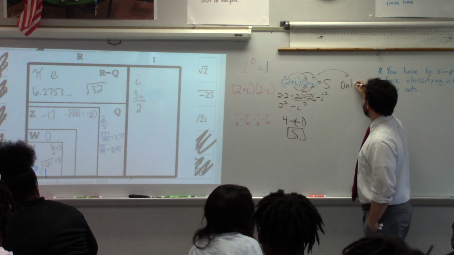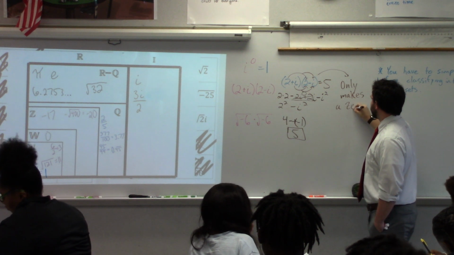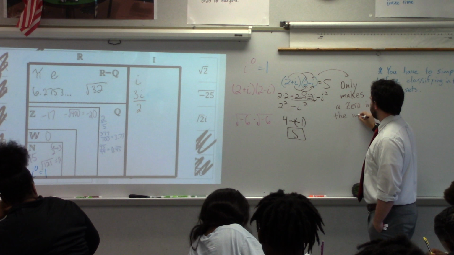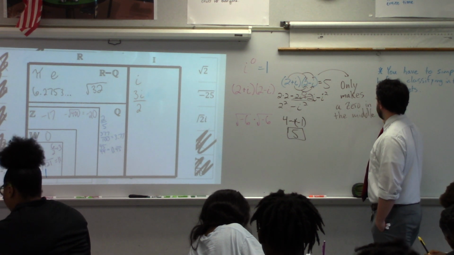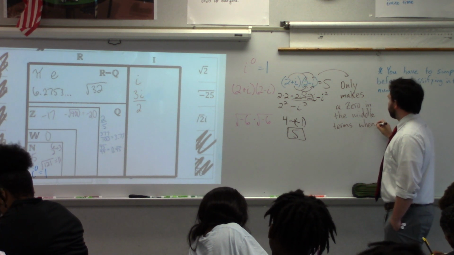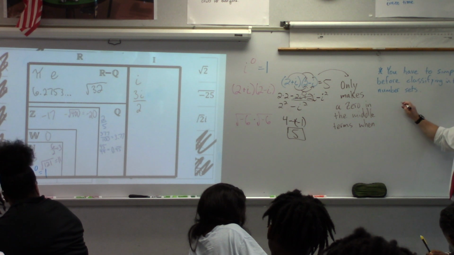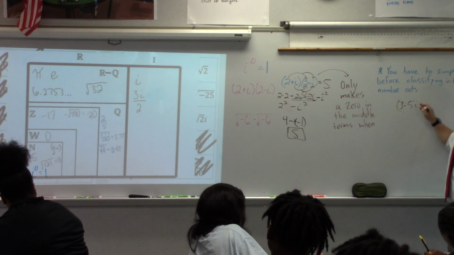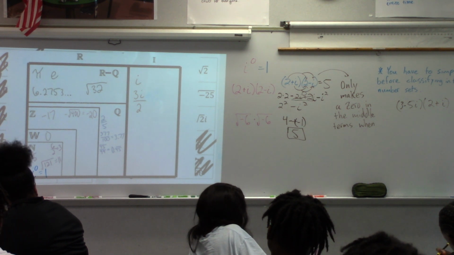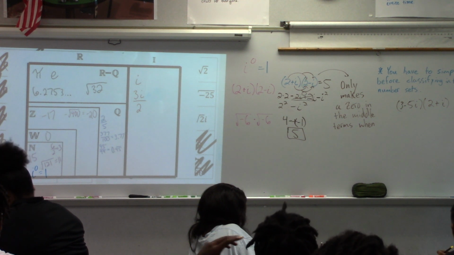So it only makes a 0 in the middle terms when one's a positive and one's a negative, right? So let me give you a counter just to think about. Would that create a 0 in the middle? It's not the same values.